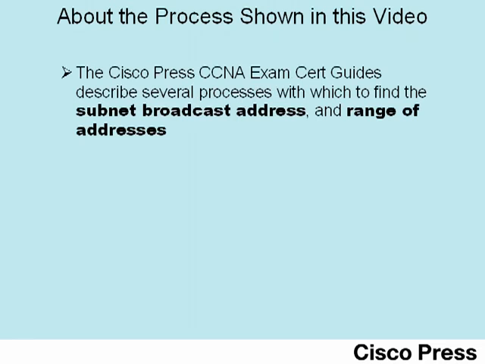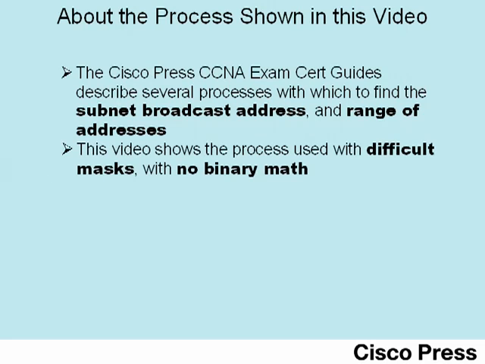Next, for context, I need to give you a little bit of background about the specific process that's described in this video. The Cisco Press CCNA exam certification guides describe several processes with which to find the answers shown in this video, the subnet broadcast address and the subnet's range of valid addresses. This video focuses on a single one of those processes, namely the process that's used when the subnet mask is a difficult mask and you don't want to use any binary math.